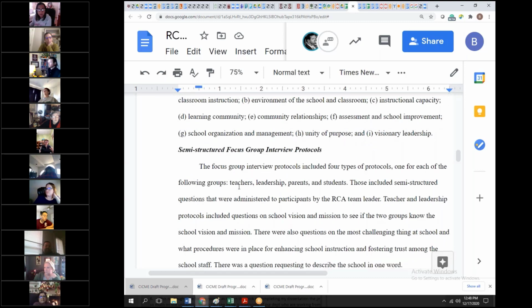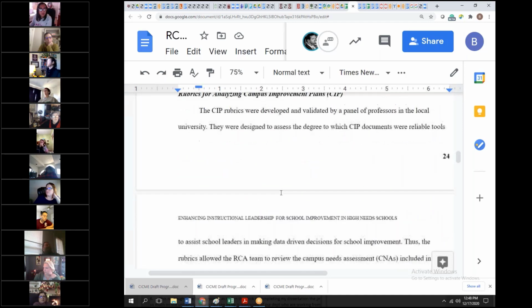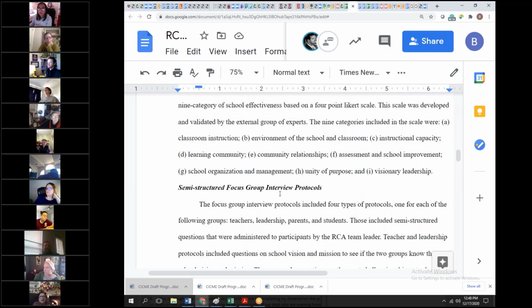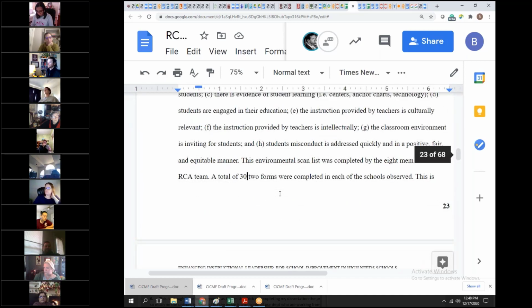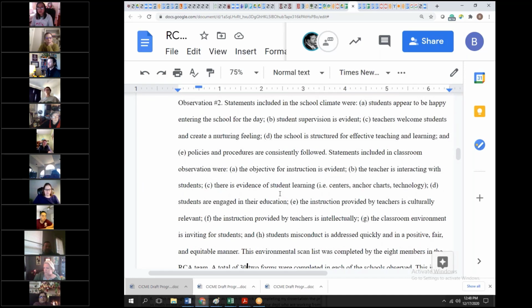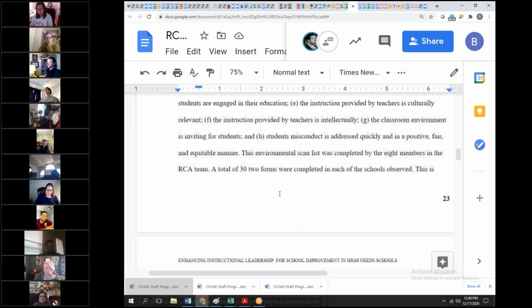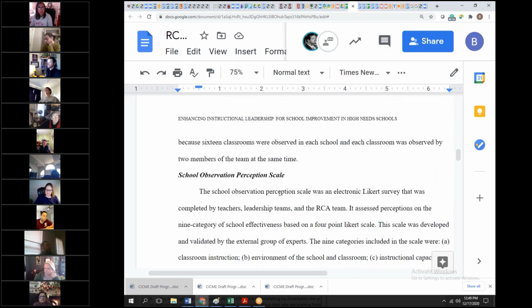There is also one, where's the other instrument, Hamada, that's Dr. Green's instrument? At the beginning, Dr. Irby. Which one? The environmental scan is one of them.